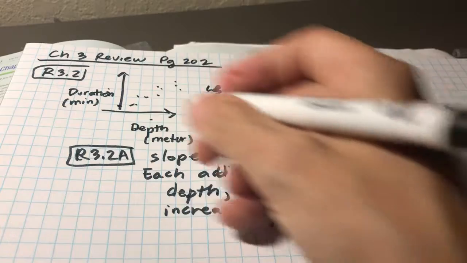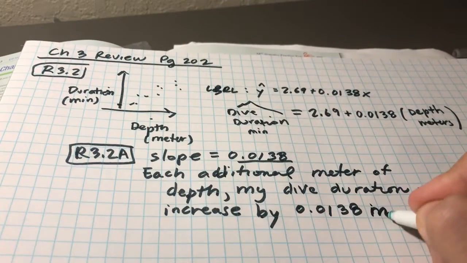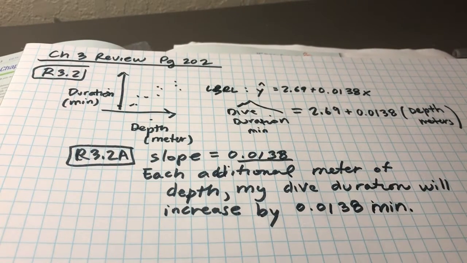So that is minutes. Let's wrap our brain around that. For every extra meter I dive, and I'm a penguin, my duration is going to go up by a certain amount of minutes. I think that makes sense that the slope is positive. The deeper I dive, the longer I should be underwater.